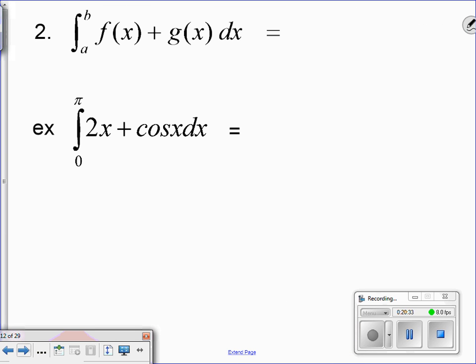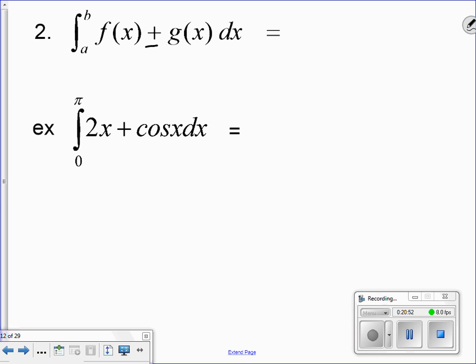The second property of a definite integral we've also seen before. In fact, make this a plus or a minus, because it doesn't matter whether it's addition or subtraction. If you have to take an antiderivative of either a sum or a difference, what are you allowed to do? Do them separately. And that's what you can do with definite integrals.